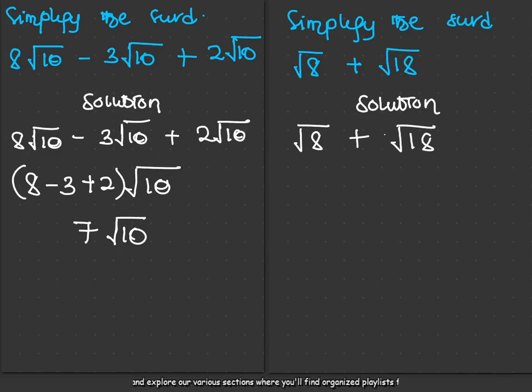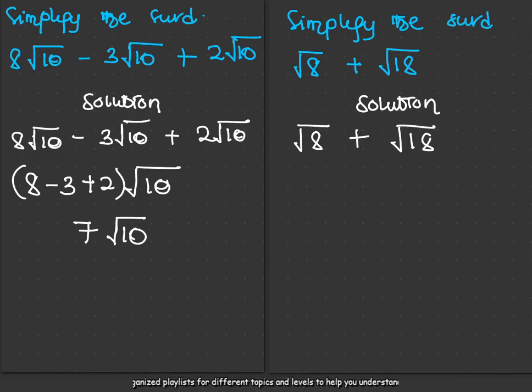But before you make such a conclusion, you first ask yourself, can we simplify them? We need to try as much as possible to see if we can simplify them. If we simplify and there are still no like terms, then we can say that is our final answer. Looking at these two, 8 and 18.